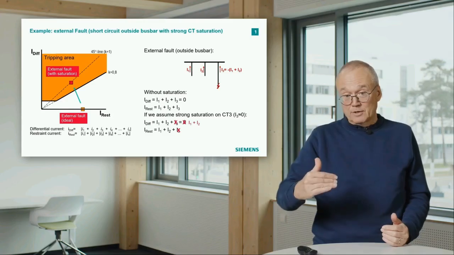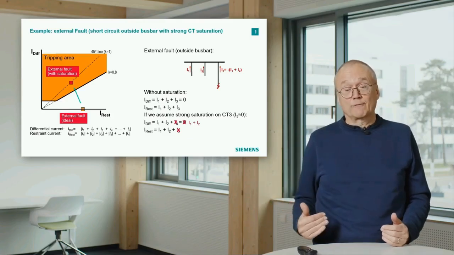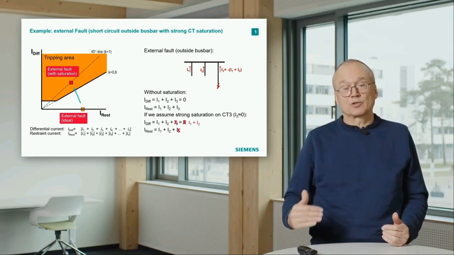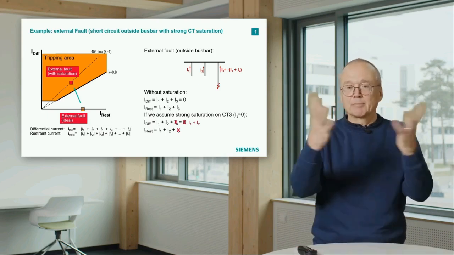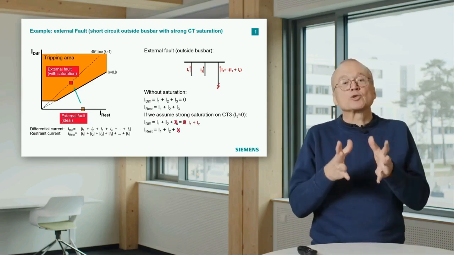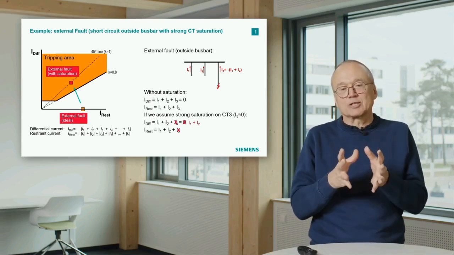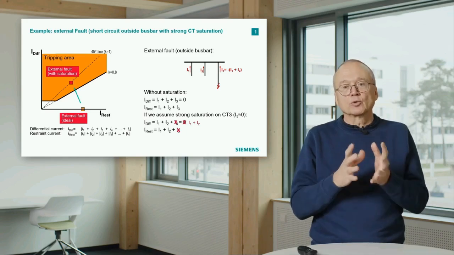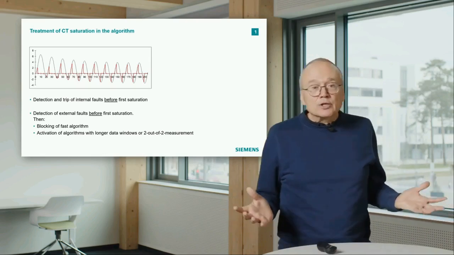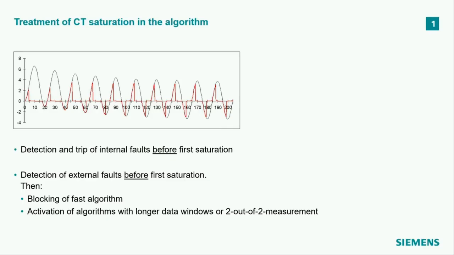Now, we have a short circuit on an outgoing feeder, and we would expect that the outgoing feeder protection trips and not our busbar, because then we would lose the whole busbar. That means we must do something in this situation to avoid a wrong tripping. And that is a challenge for the algorithm. What we normally do in this situation is we look at the very first milliseconds.